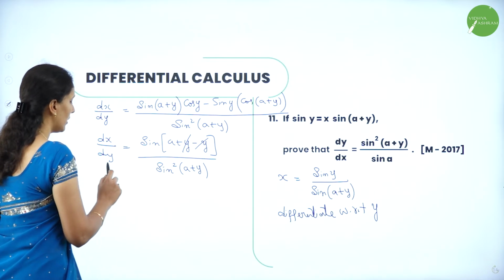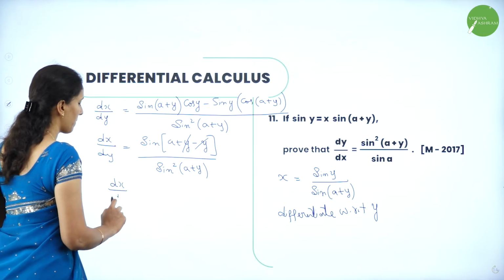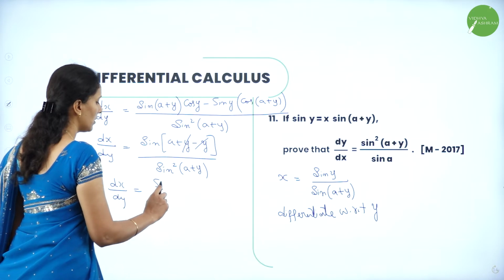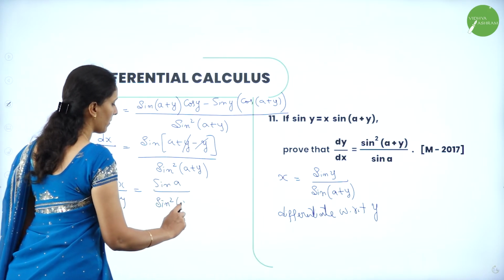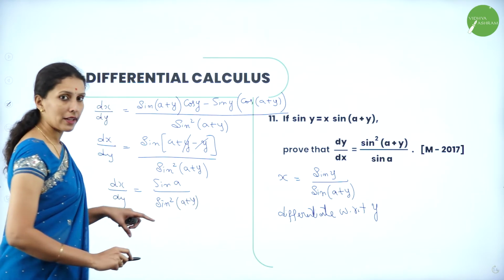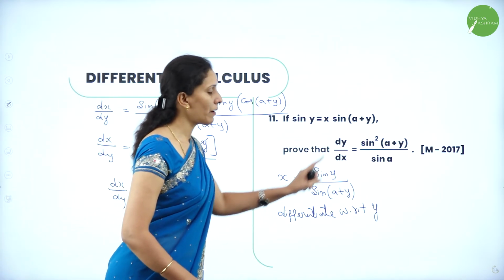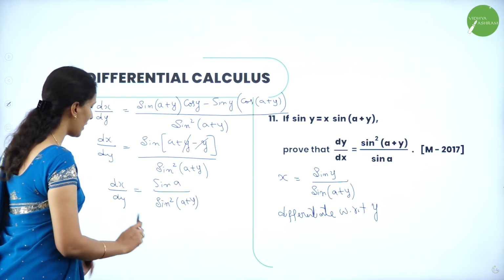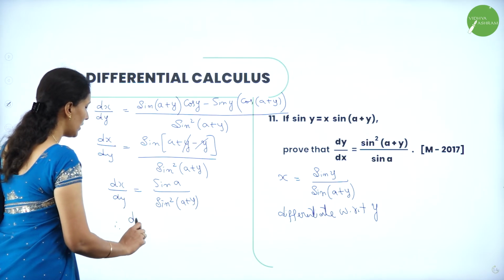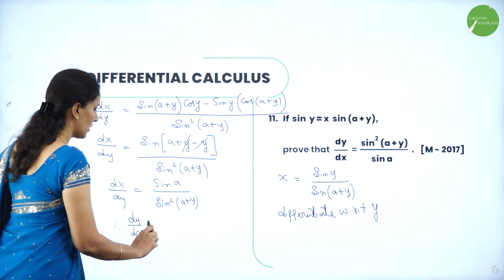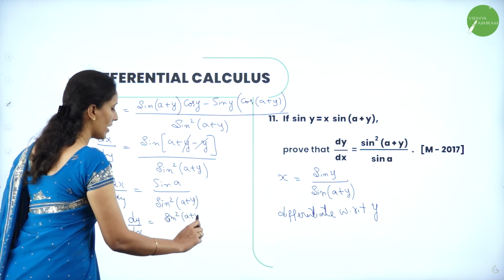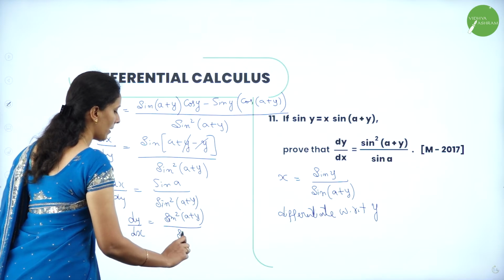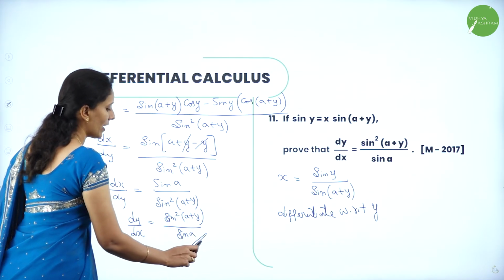So we get dx by dy is equal to sin a divided by sin square (a plus y). Now take the reciprocal, because we need dy by dx and here we have dx by dy. So therefore dy by dx is equal to sin square (a plus y) divided by sin a. Hence we have proved it.